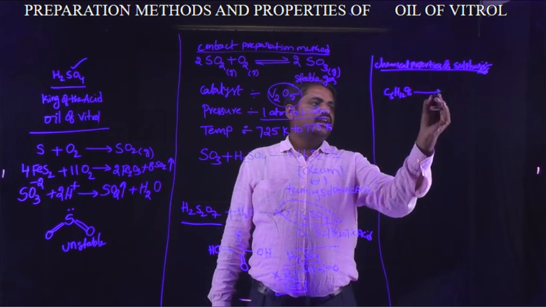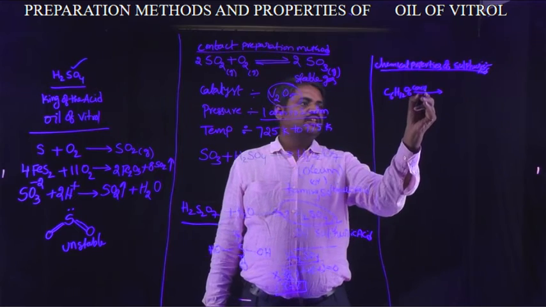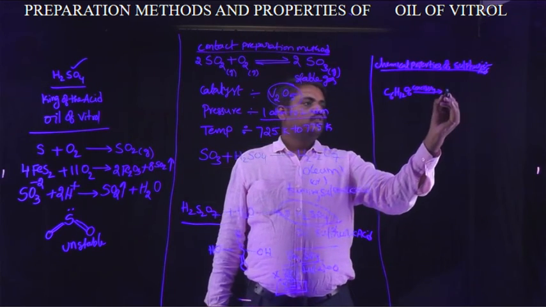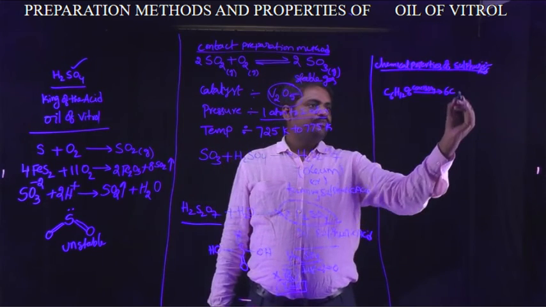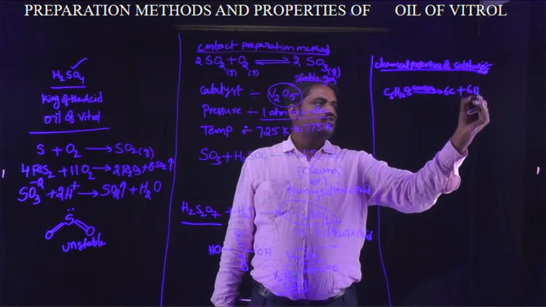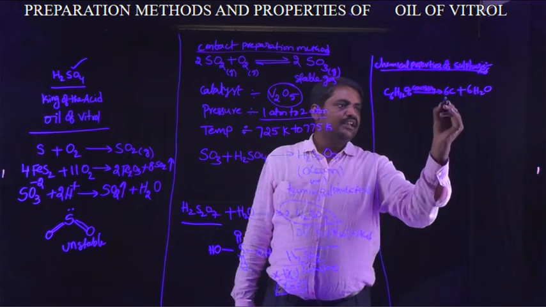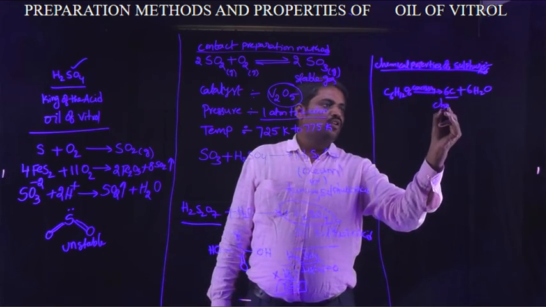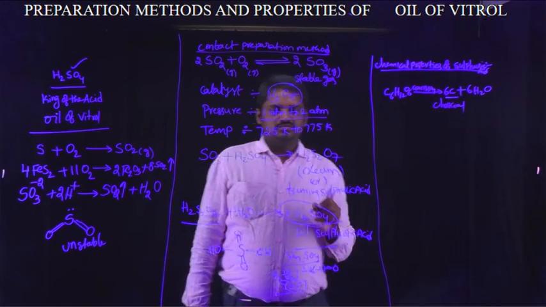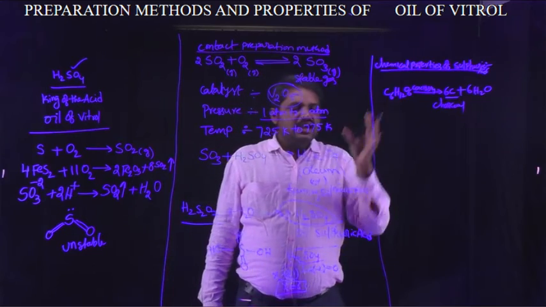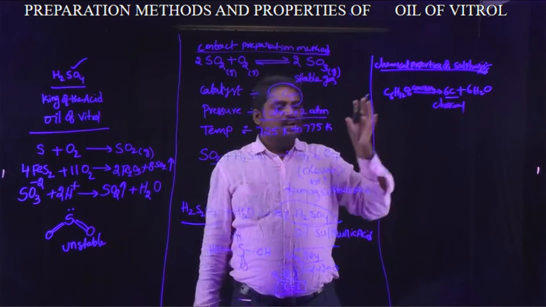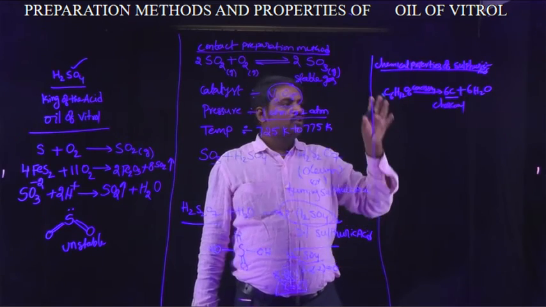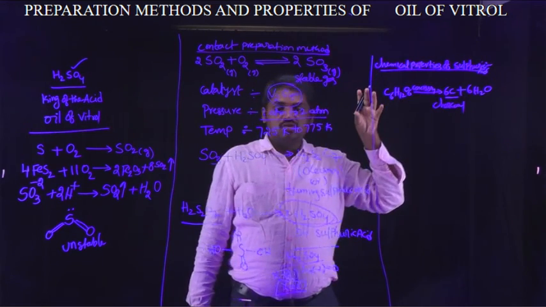C6H12O6 reacts with concentrated sulfuric acid to produce charcoal, meaning pure carbon, 6C, plus 6H2O molecules are eliminated. This is charcoal.